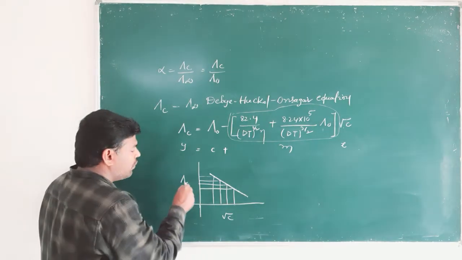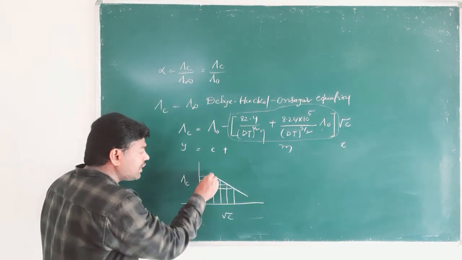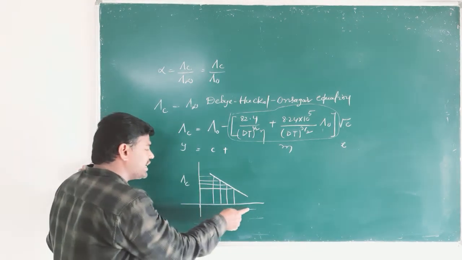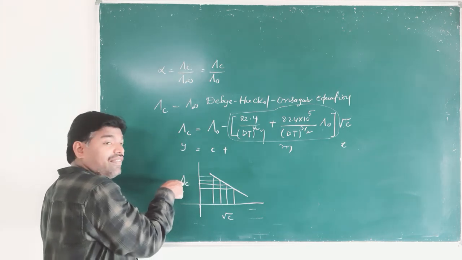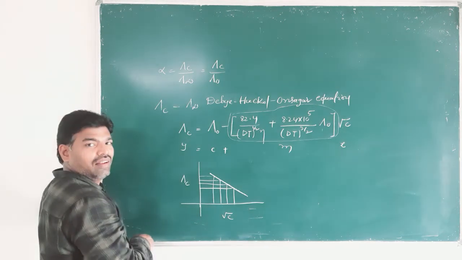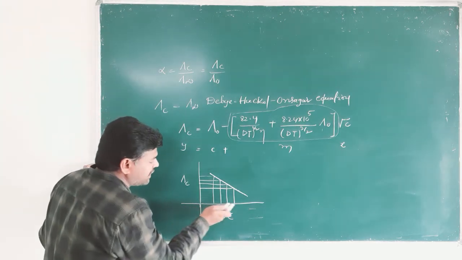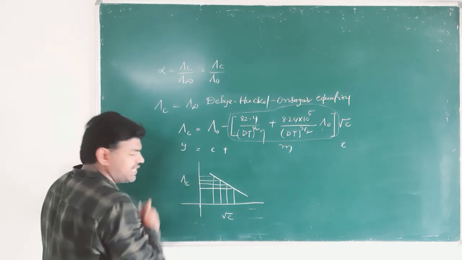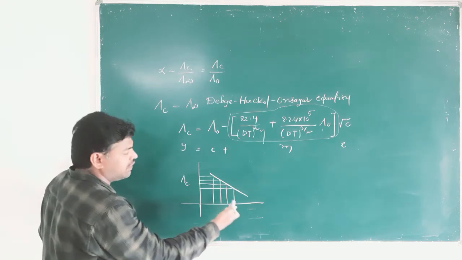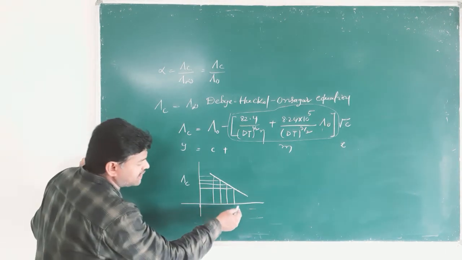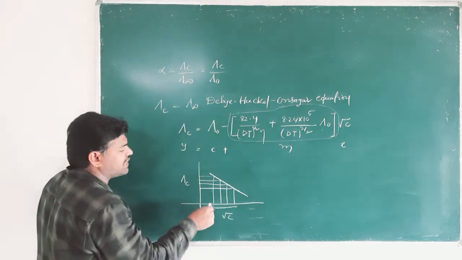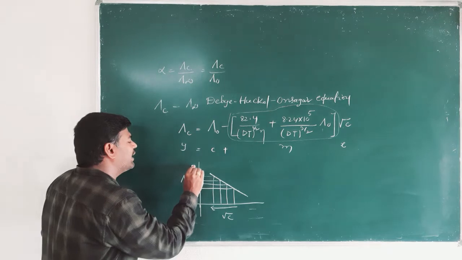So lambda c, that is the equivalent conductance, decreases with increasing concentration. But if you read this plot in the reverse direction, that is with decreasing concentration, equivalent conductance increases.